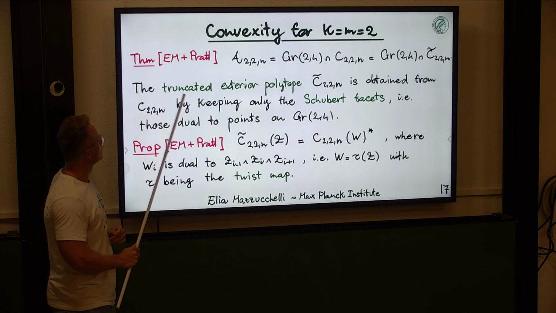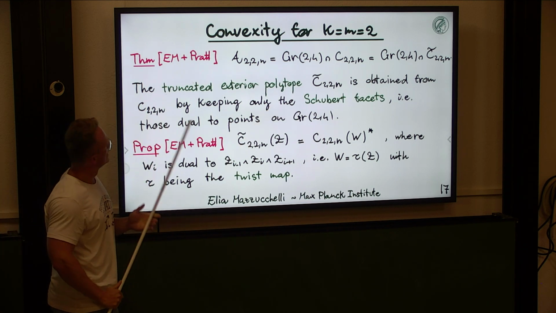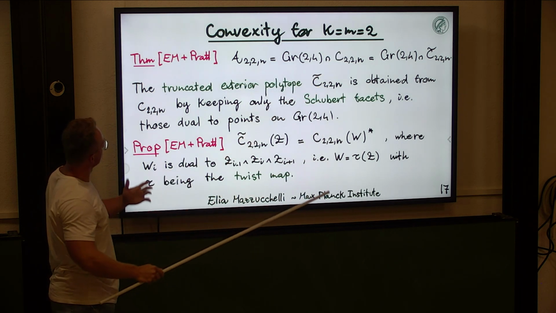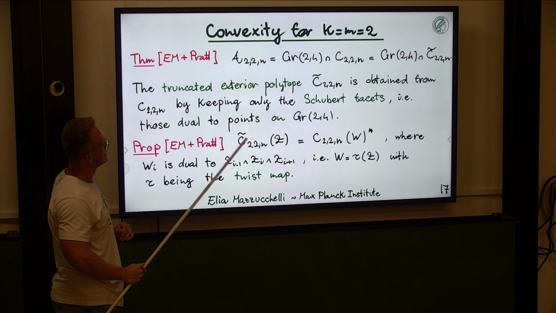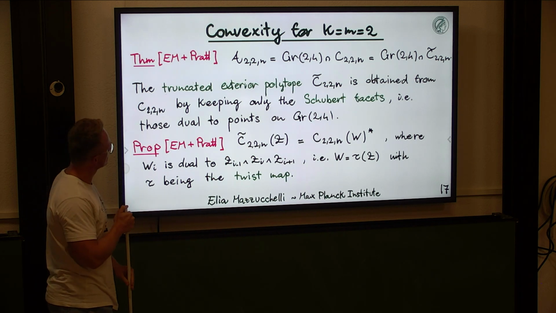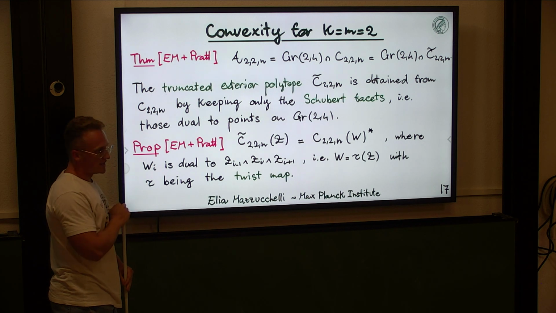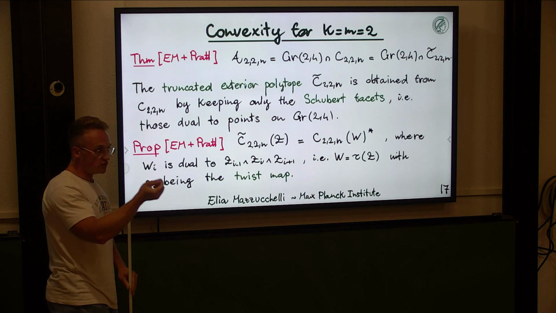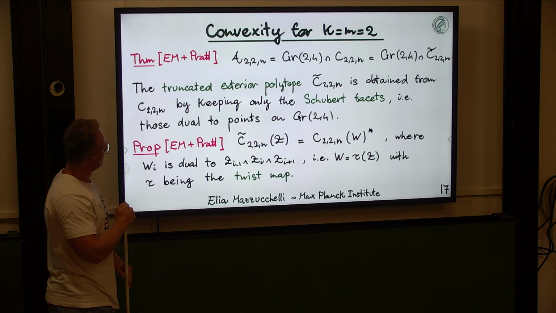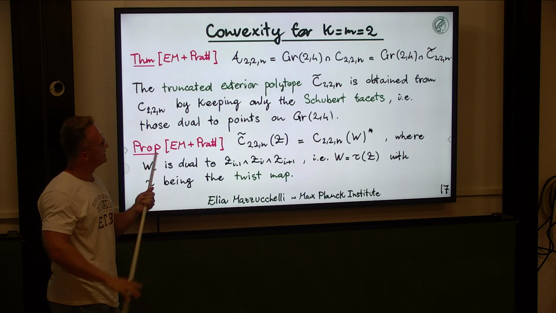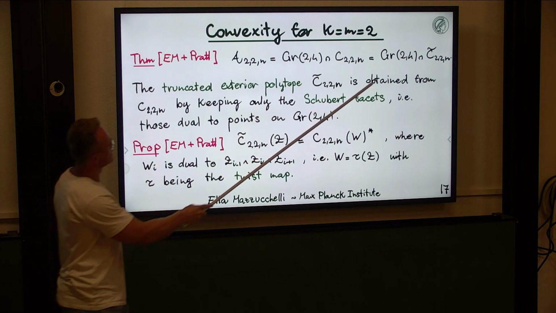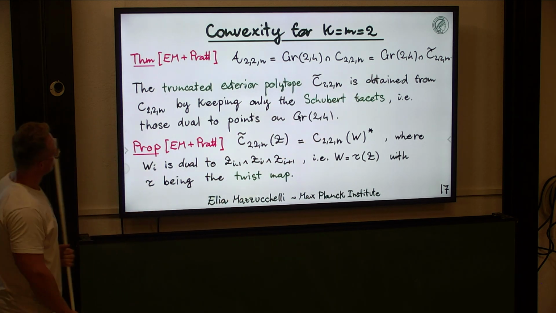This is what we call the truncated exterior cyclic polytope. It is taken from the exterior cyclic polytope by forgetting all the facets that are not Schubert. So we only keep the Schubert facets of the exterior cyclic polytope, where a facet is Schubert if it's projectively dual to a point on Gr(2,4) in this case. In general, C tilde will be a bigger polytope than C. But nevertheless, we can show that this equality is true.